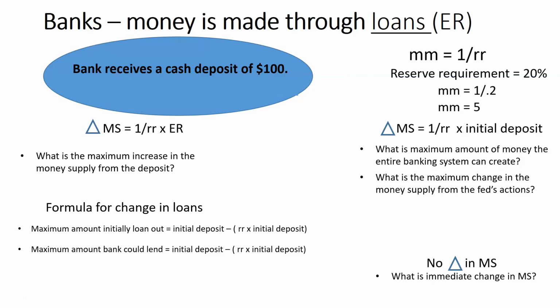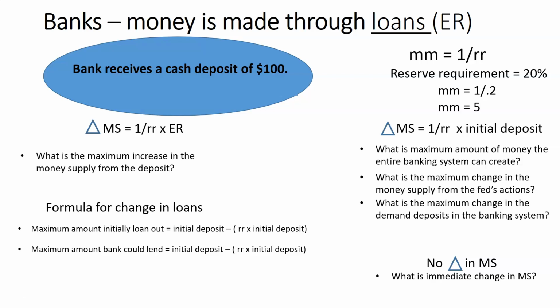And so this would fall here under 1 over the reserve requirement times excess reserves. What is the maximum change in the demand deposits in the banking system? This isn't asking about the change in the money supply. It's asking about the maximum change in the demand deposits. And so that's where you would use 1 over the reserve requirement times the initial deposit.